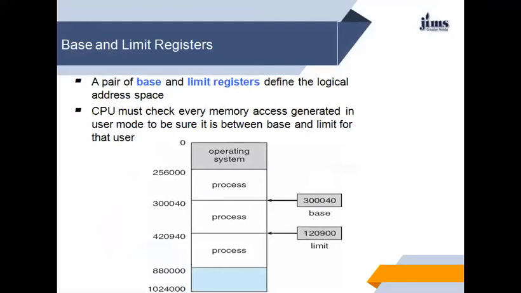If it is greater, then a trap is generated. If the address generated by the CPU is less than the limit, then it is added to the base register, and in that case the physical address has been generated. So this is the base and the limit register. Here you can see the limit register and the base register.